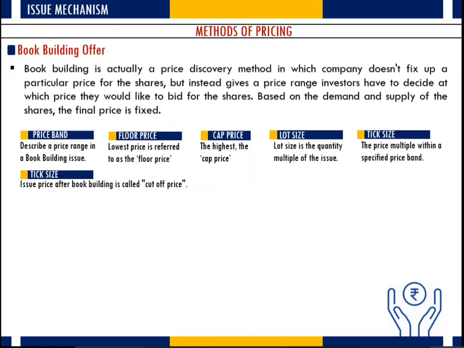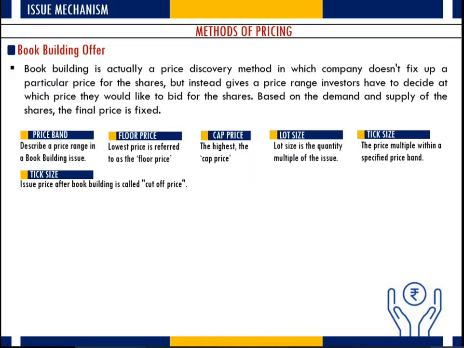So usually in case of the book building method, it is a draft red herring prospectus because it is not mentioned in the prospectus what the price is. The price is decided at a later point in time, and then it is communicated to the public through an advertisement.